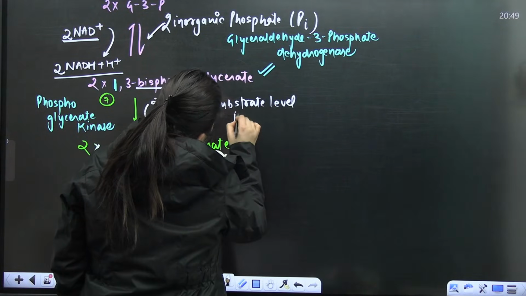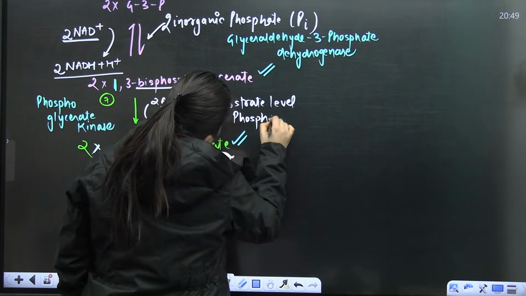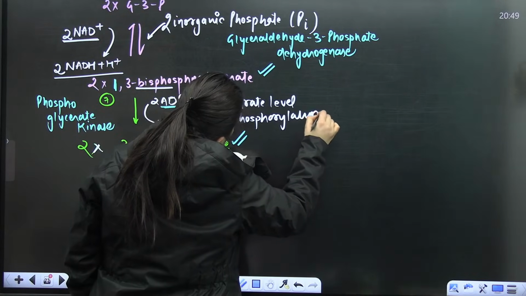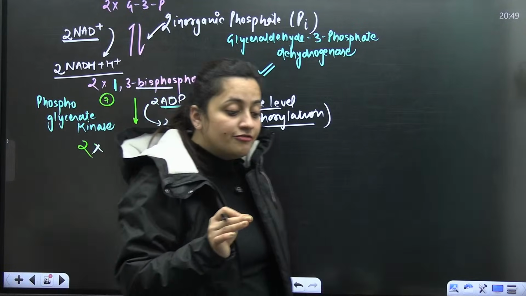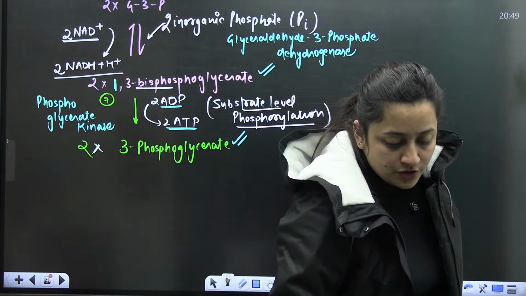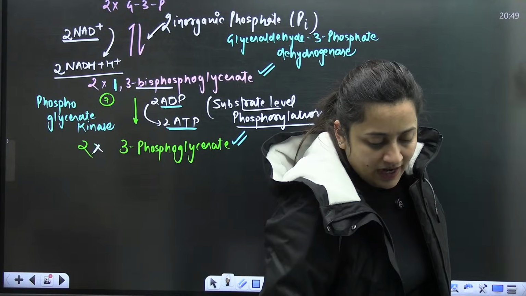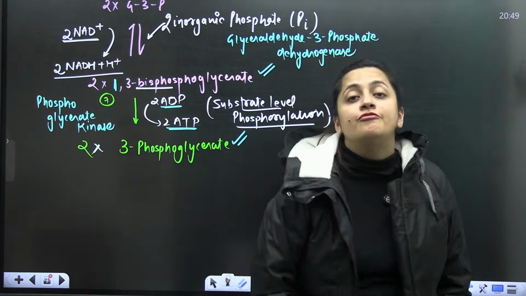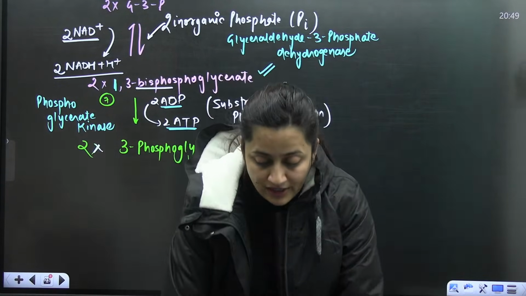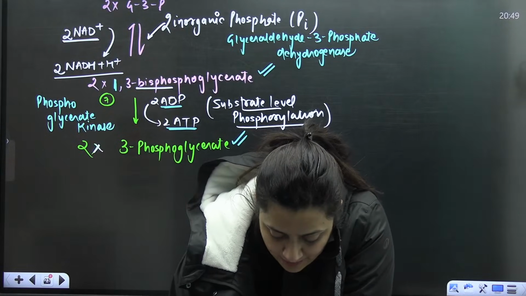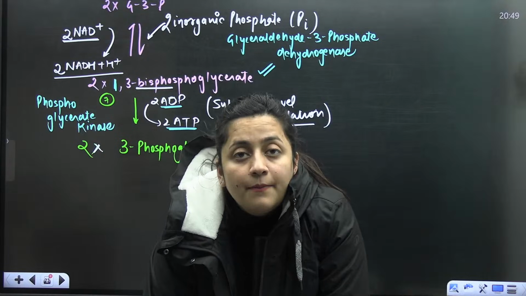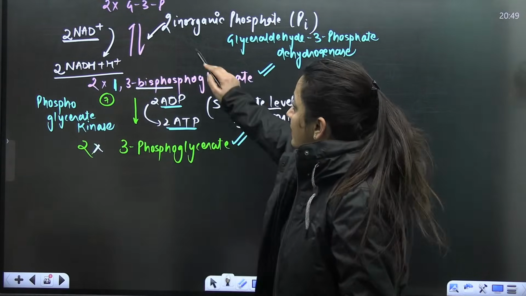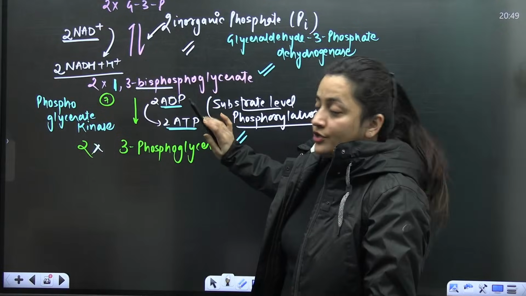So what is substrate level phosphorylation? First of all, understand phosphorylation. Phosphorylation means addition of phosphate. Here oxidation and phosphorylation are going on.